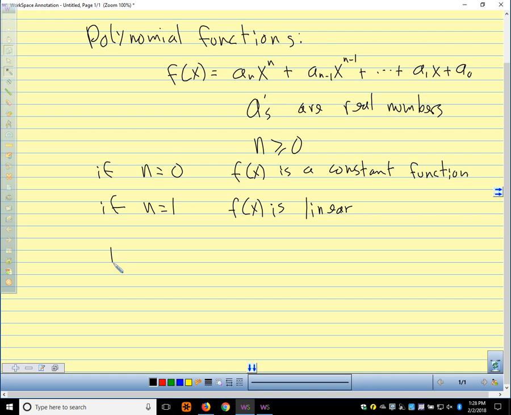For today, we have n equals 2. So we're going to say f of x equals ax squared plus bx plus c. And we talked a little bit about this kind of function last chapter also.